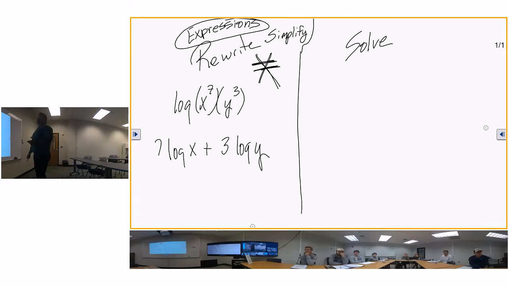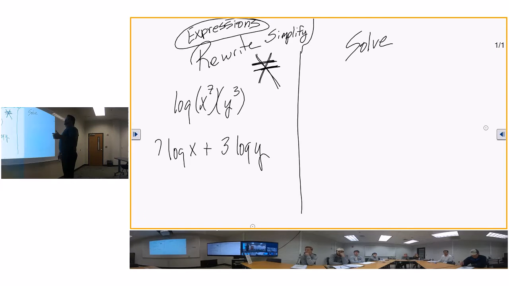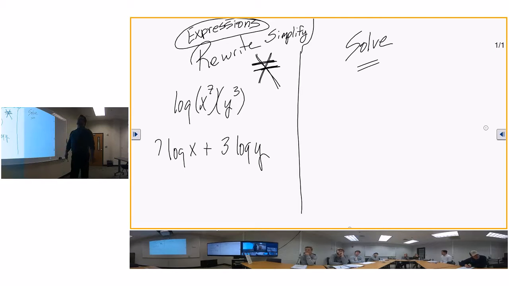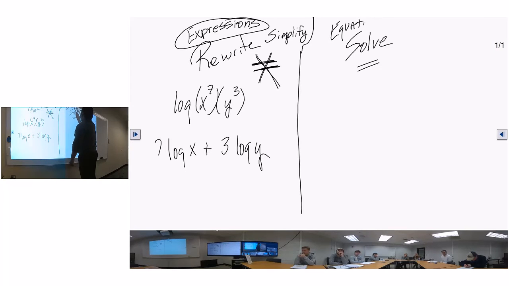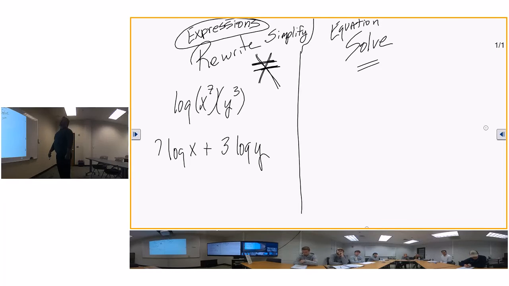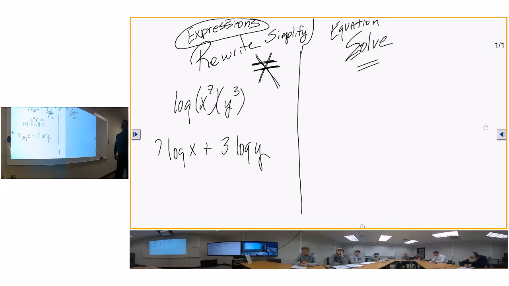Okay? Solve. When we solve, we don't rewrite, we solve. And that has to do with what? An equal sign. So therefore, it's not an expression, it's a what? Equation. And what do you do with an equation? Starts with an S. Oh. You solve it.